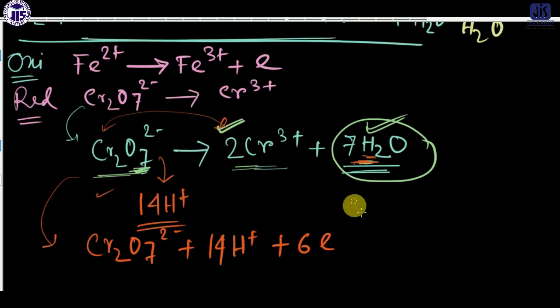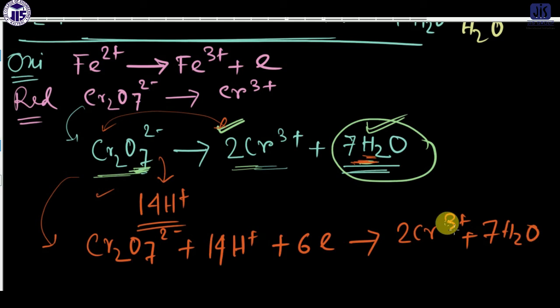This is a very simple thing. Now for balancing the number of electrons in the oxidation and reduction reactions, the balanced oxidation half reaction is multiplied by 6 and the reduction reaction by 1, because the number of electrons in both reactions should be the same.